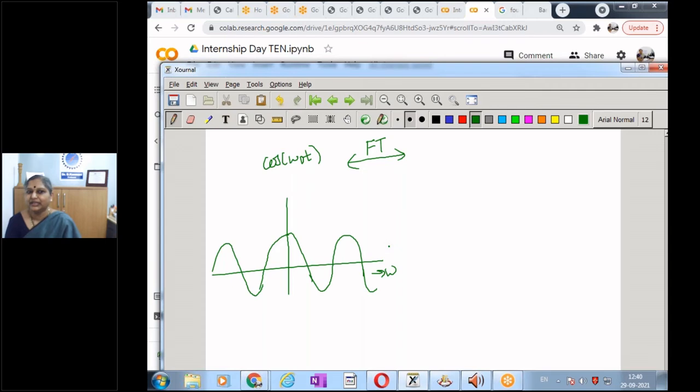What is the Fourier transform? It tells me what frequencies are present in the signal. So what frequency is present in the signal cos omega naught t?